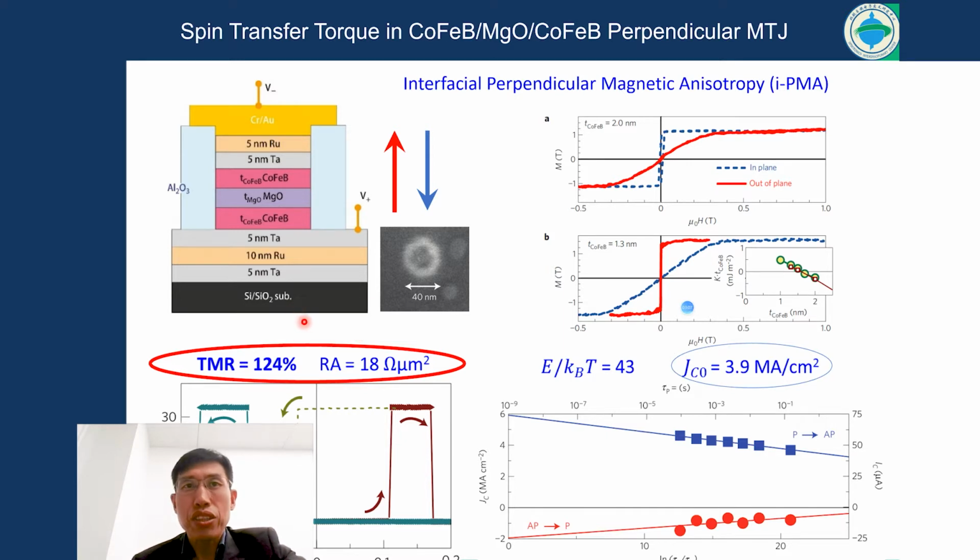In this structure, you can see the data is stored in the interfacial perpendicular magnetic anisotropy, and the switching current is against the spin momentum direction of the data. So this is a perfect combination to enable the second generation of MRAM. We named it spin transfer torque MRAM, STT-MRAM.